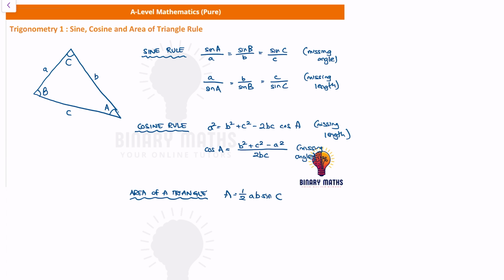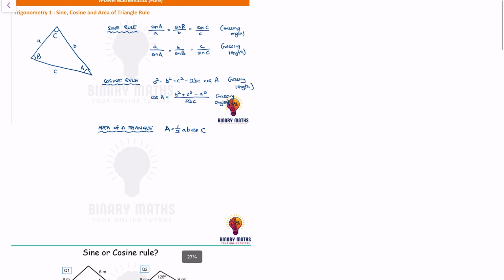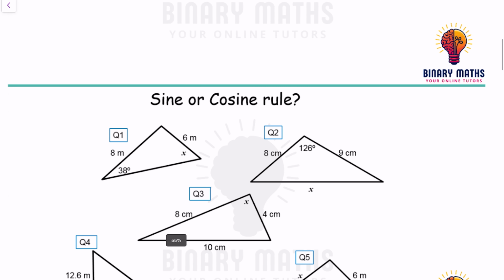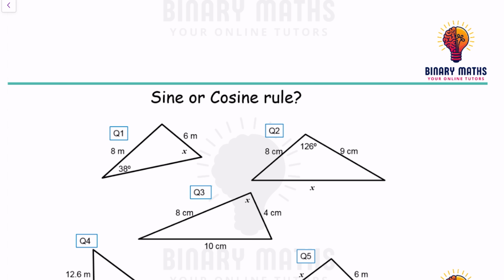Now, how do we decide which formula to use, whether we use the sine or the cosine rule? Because the area of a triangle rule is quite easy. When it's the area, you apply that formula. So how do we know when to use the sine rule or the cosine rule? Let's look at a few examples. If you look at question 1, is it a sine rule or cosine rule? You look at, do you have a corresponding opposite length and angle?